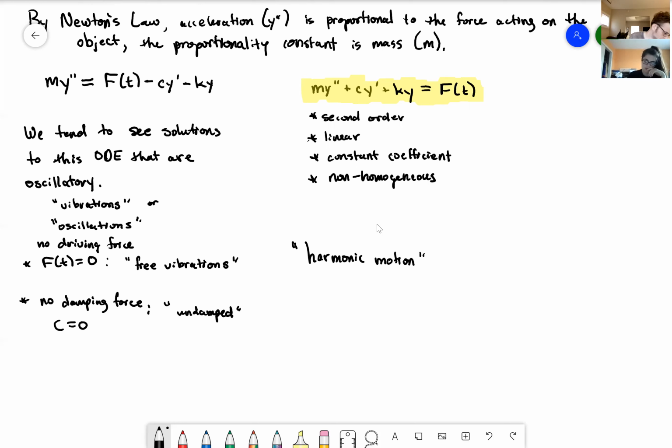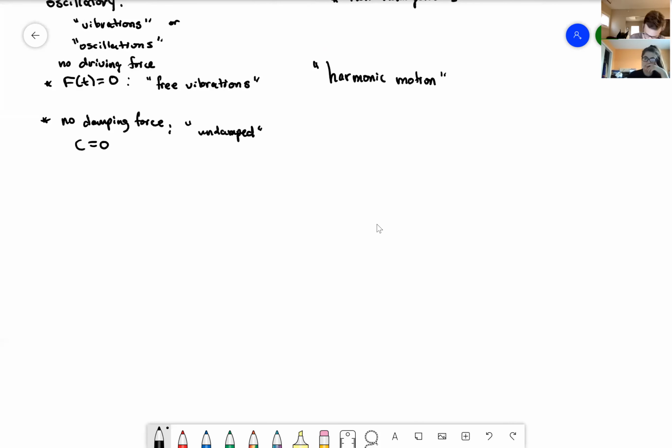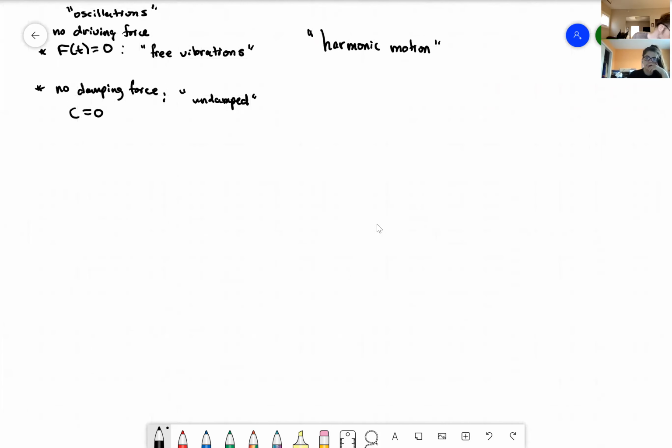All right, and just one final note: this is actually an ODE that's very rich and interesting. Solutions are interesting and have a lot of interesting characteristics. Okay, so let's look at some example situations.